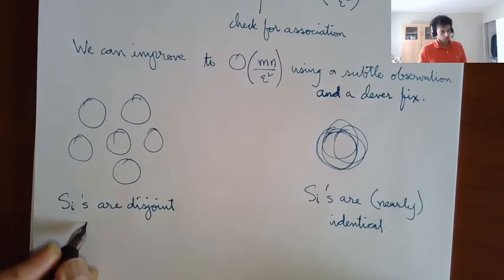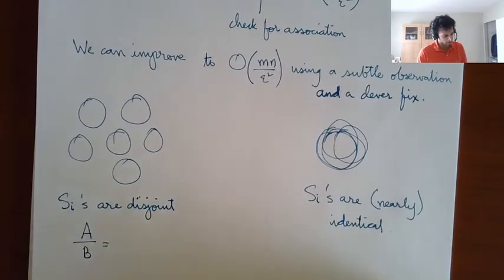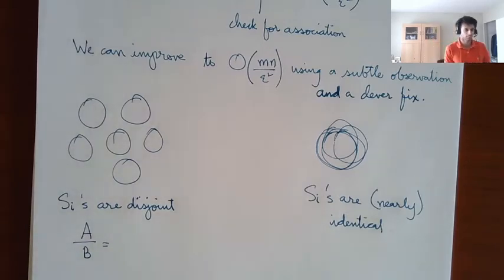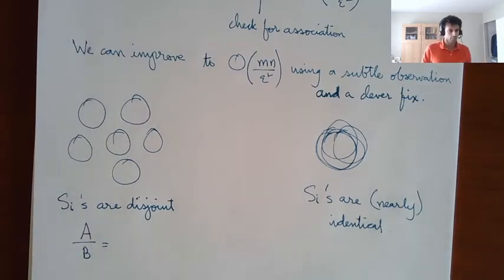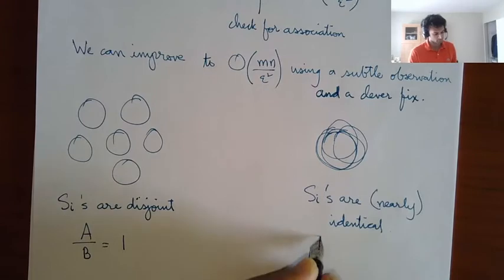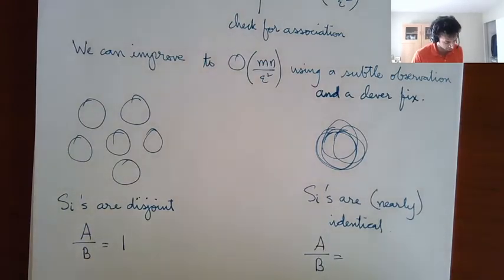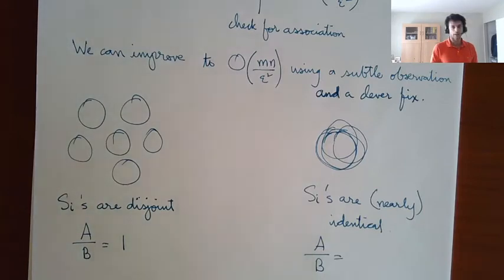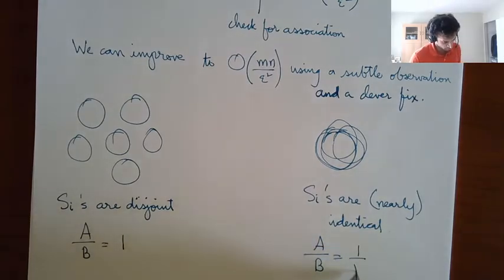So what is the value of A divided by B over here? 1. And what is the value of A divided by B over here? The size of the vector is 1 by m. Yeah, so the previous one. So 1 by m.